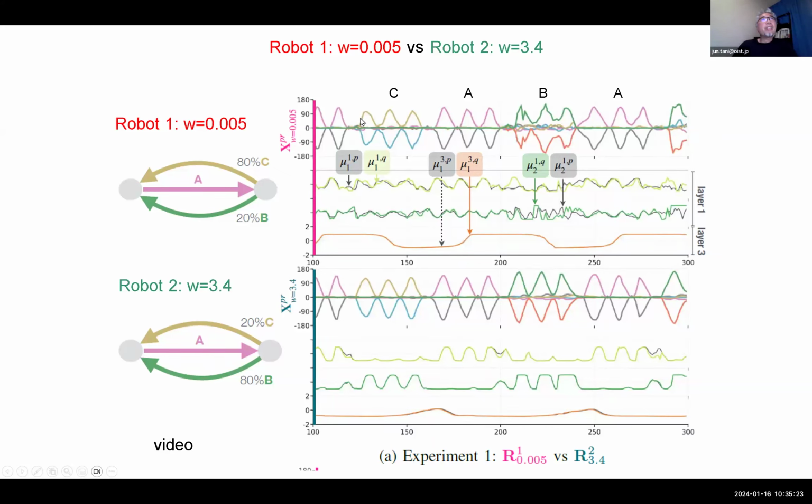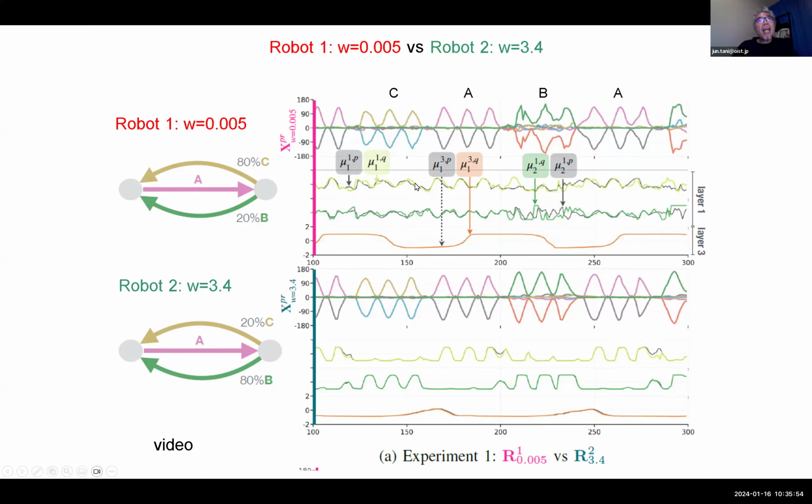Both robots are synchronized well: C, A, B, A. The important thing is that I'm showing a lower level random latent variable, where the green one is the prior and the black one is the posterior.